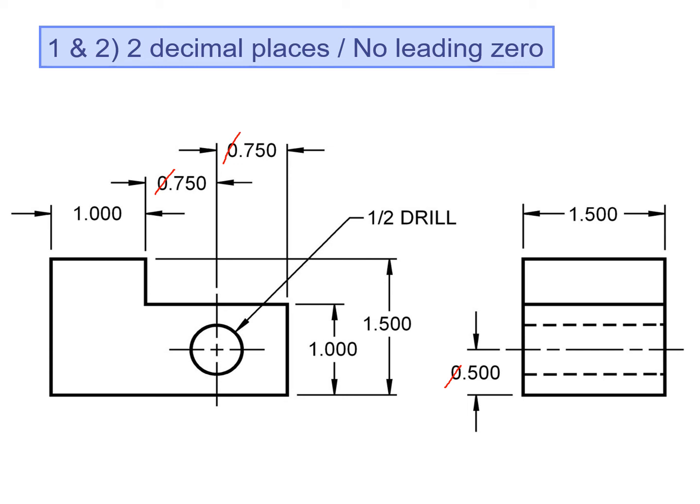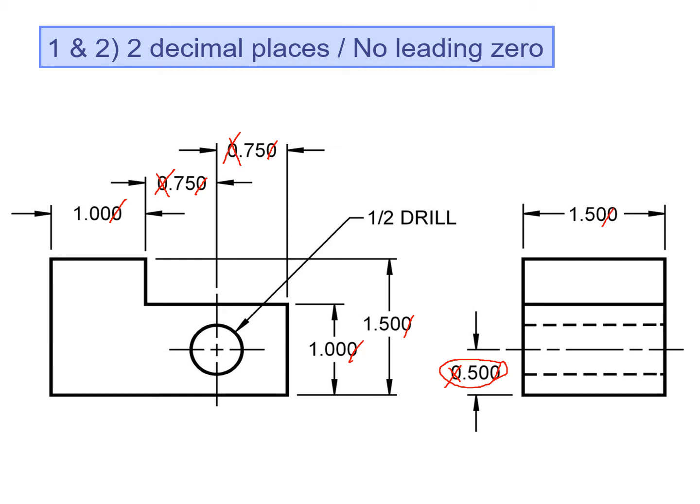If you see a 0 in front of a decimal point for a number smaller than 1, then you know it's millimeters. But in this case, we're dealing with inches. So you do remove the 0 in front of the decimal point. And once again, since we don't need accuracy, we're going to get rid of the third decimal place for all the dimensions because we don't need the accuracy.